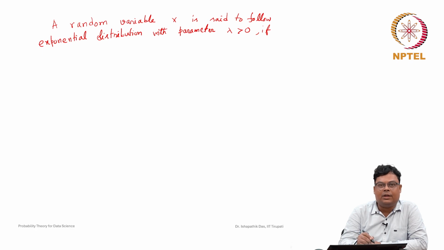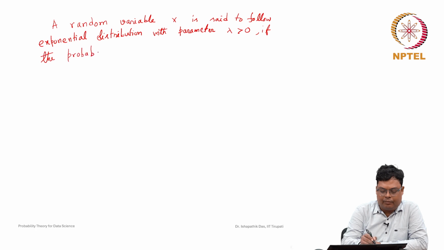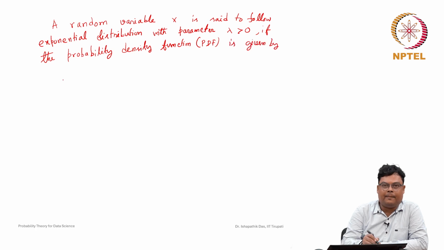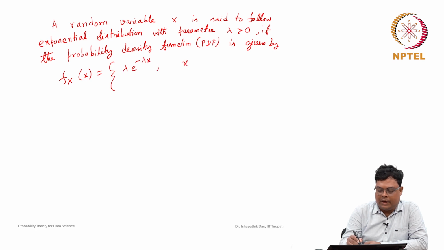We represent this distribution with its probability density function (PDF), which is given by f of x equal to lambda e to the power of minus lambda x whenever x is greater than 0, less than infinity, and 0 otherwise.